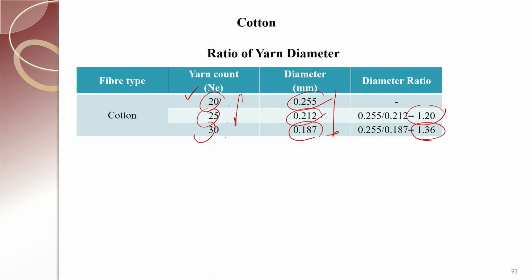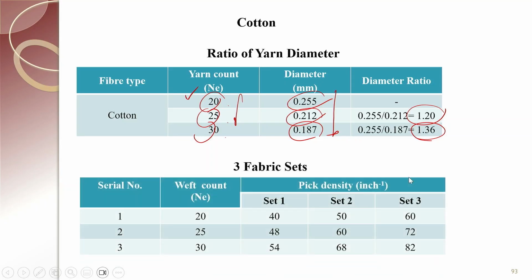And similarly, as with the polyester fabric, we have adjusted the pick density. So, this is the pick density here between 20s and 30s. So, 40 and 48, the ratio. If you calculate 48 by 40, it will become 1.2.